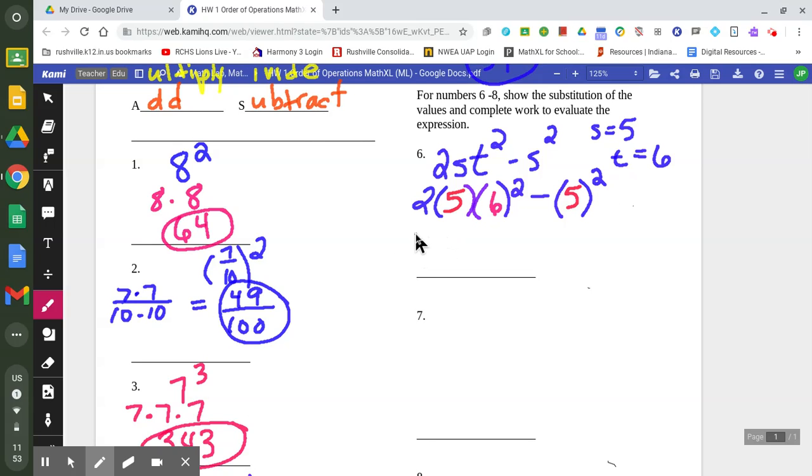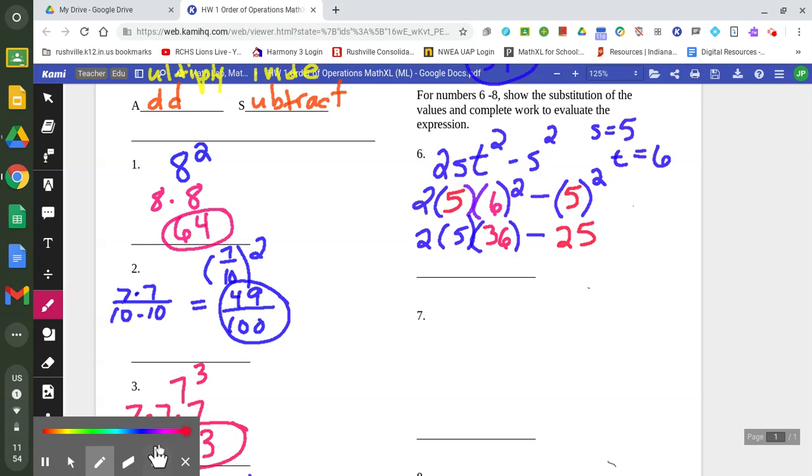So then my next line, I will have 2, and I'll take care of these exponents. So 2 times 5 times, and then I've got 6 squared, which remember means 6 times 6. So that's 36. Minus, and now I've got 5 squared, which remember is 5 times 5. And now I've got all those multiply, and because those are all on the same line, you could multiply all those together. 2 times 5 times 36, so do that in your calculator.